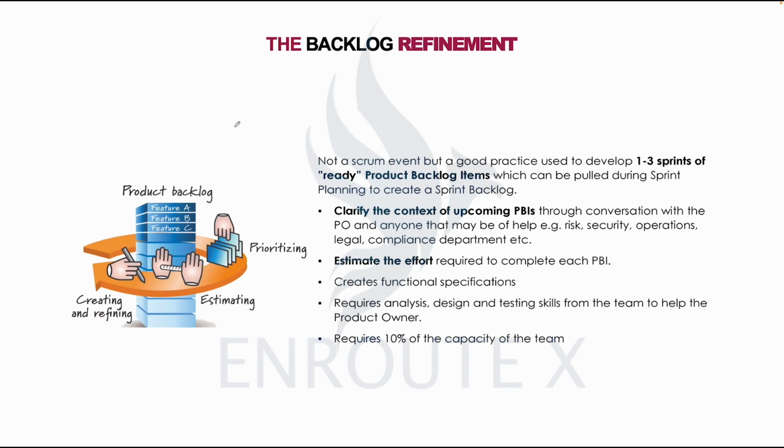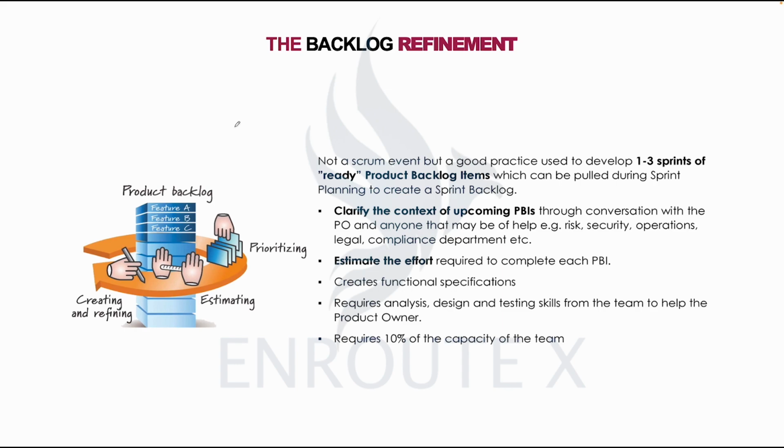Of course, we know what the product backlog is, and the backlog refinement is on the product backlog, whereby you refine the details in the backlog, the tasks in the backlog. The main goal of the backlog refinement is to ensure clarity of work items that need to be completed.